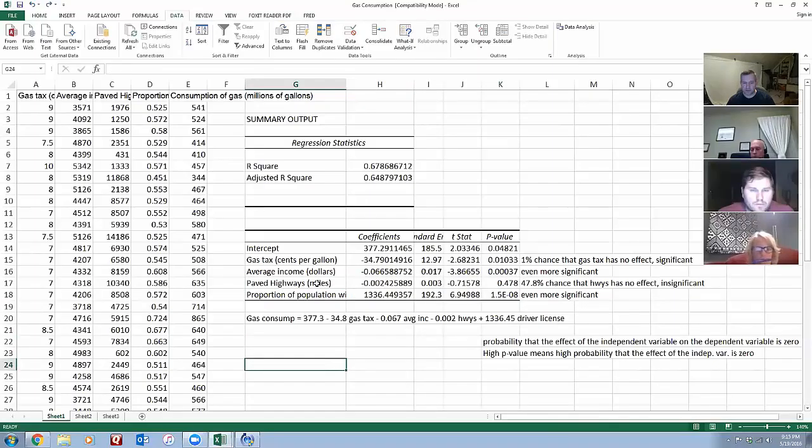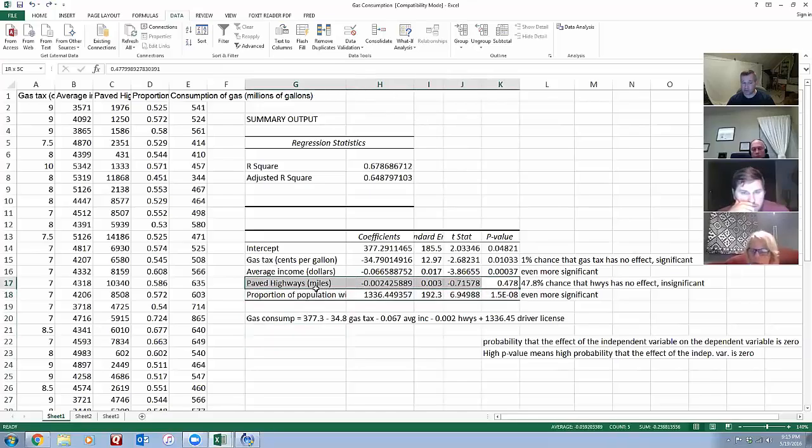I'm not a huge fan of doing that sort of thing because, again, this was from my undergrad class also, but they said really what should drive your models, what should drive your choice of independent variables is what you think is theoretically important. So if you have a sense that paved highways should be important in gasoline consumption, then I would continue to include it, even though it shows up as insignificant.